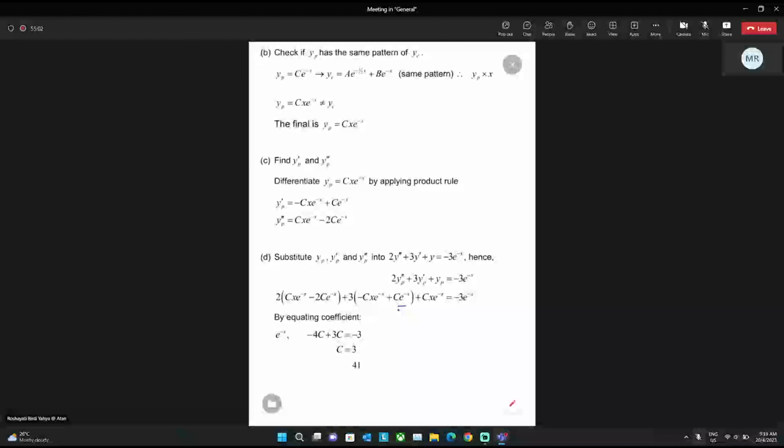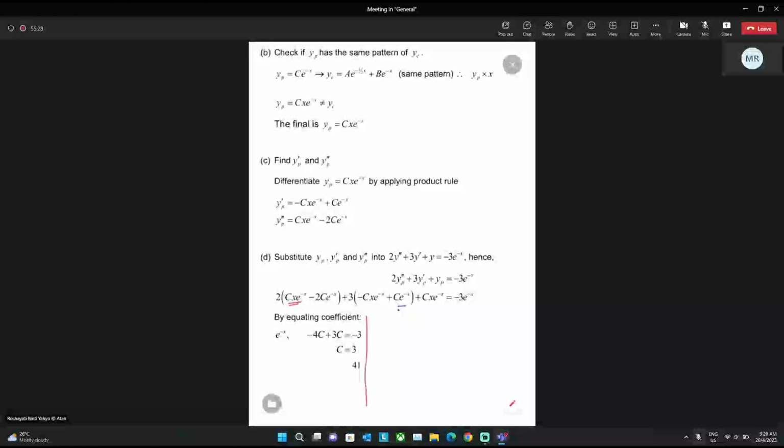Macam mana ni? Tak, equating. Equating coefficient, you need to look at whatever you have on your left and right hand side kan. So on your left, you tengok function-function yang ada x. Kalau you move left to right macam gini, you tengok ni ada x exponential negative x.